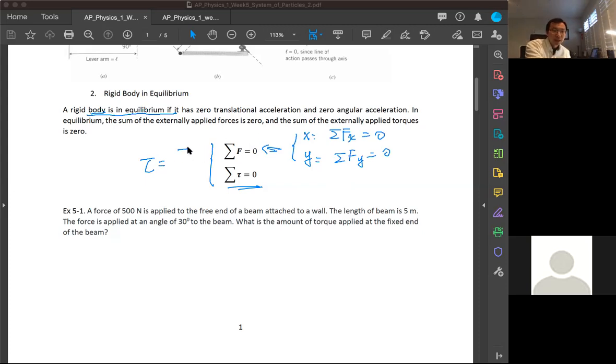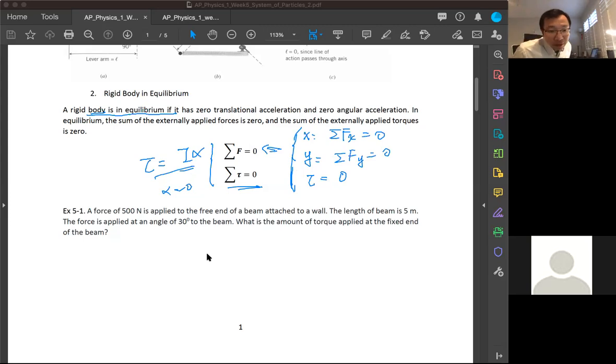So if it's in equilibrium, the angular acceleration must be 0, and your torque must be 0 as well. This gives you the third equation to put in the system. If you are given a question about equilibrium, you need to set up a system with those three equations. Okay. All right.